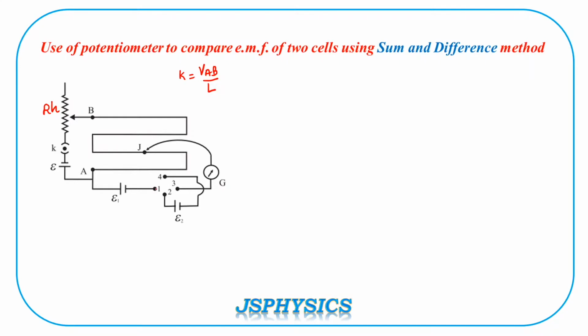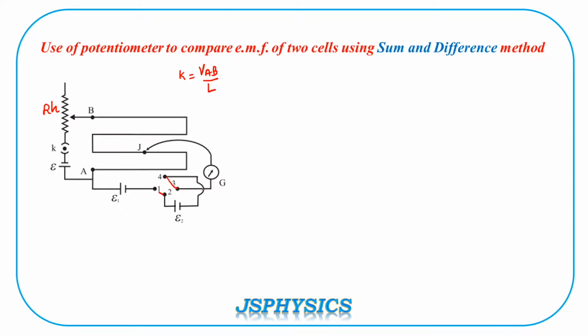So I'll connect terminals 1 and 2 by a plug key. Now you can see that the negative of E2 is connected to terminal 4, which is open at present. So to make its connection with the galvanometer, I'll put another key between 3 and 4.